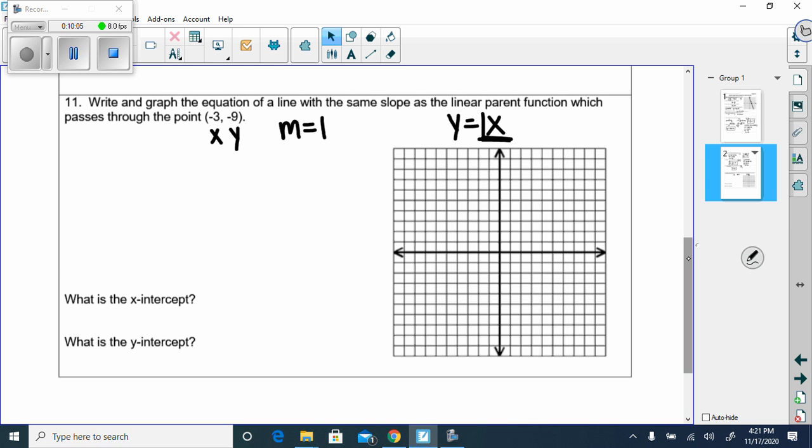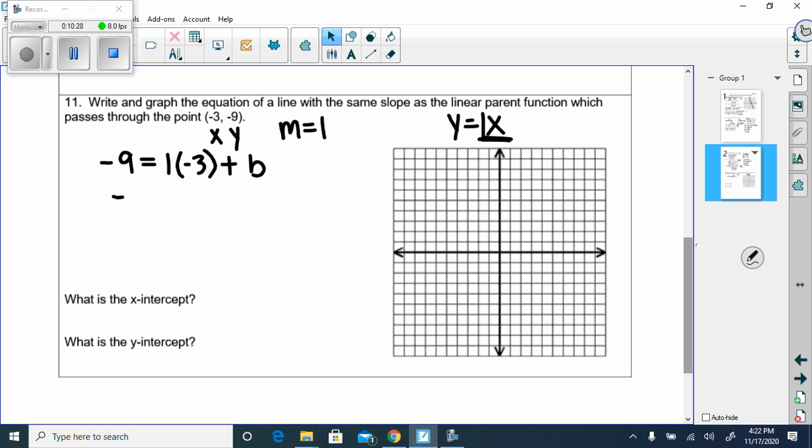So if my slope is 1, I would need to take this to plug into my problem. So in place of y, I would have -9 equals 1 times -3 plus b.